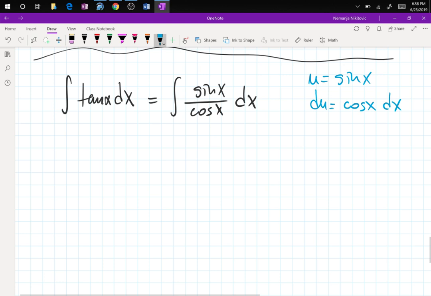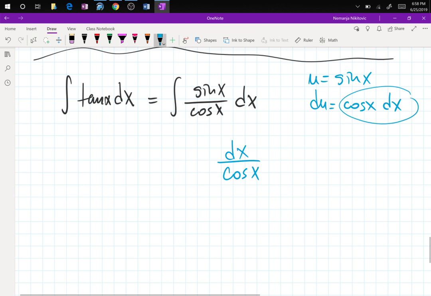Now, see how fast you hit the brick wall here. What do you have? You have cosine x times dx, and in the problem you have dx over cosine x. They are not the same thing. So when you have a fraction, it's tricky.